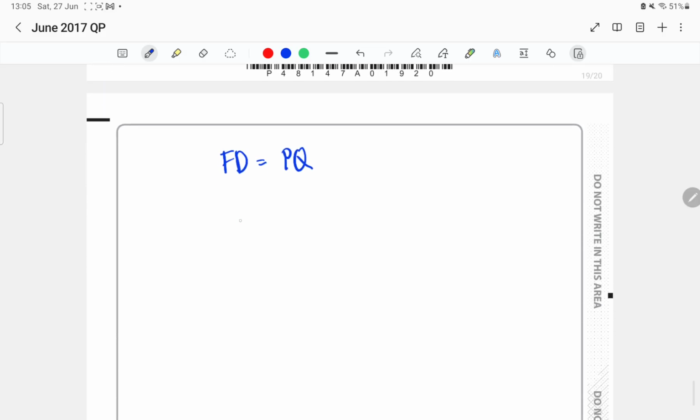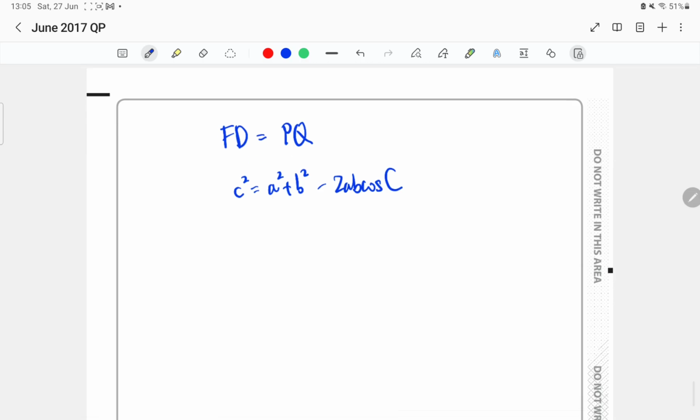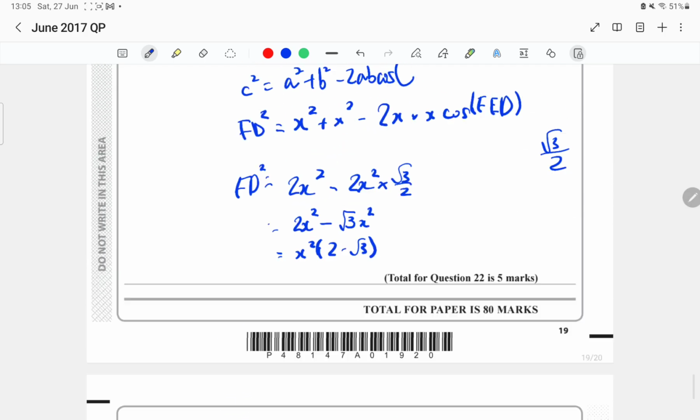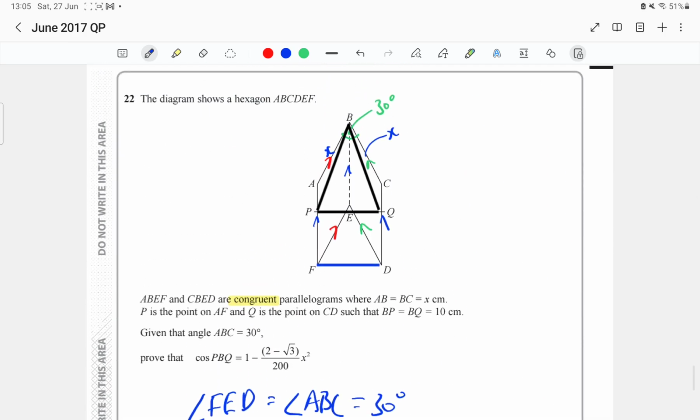So let's write the cosine rule again. c squared equals a squared plus b squared minus 2ab cos C. Okay, so this time c squared is PQ squared, but that also equals FD squared. We'll equate that later. a squared, what is the length of PB? 10. That is also the length of BQ.